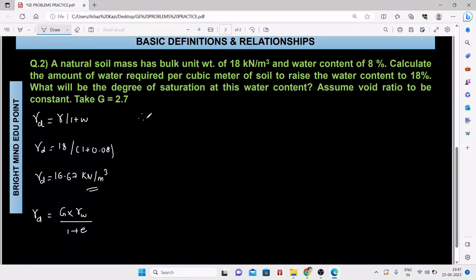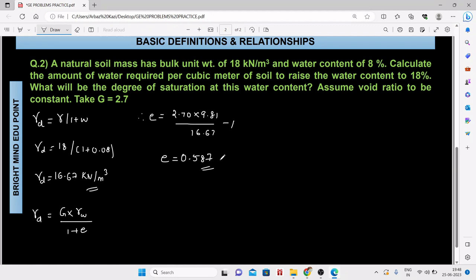So therefore, e value will be equal to 2.7 into 9.81 divided by 16.67, minus 1. On solving, we'll get the value of e as 0.587.